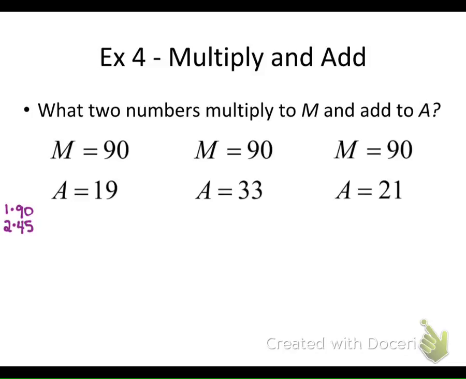What about 3? 30 and 3. That's right. What about 4? There is no 4. 5? 18. 3 and 30? Yep. 6? 15. 7? No 7. 8? No 8. 9? Yes, 9 and 10. All right, and we're back to 10, so we're good.